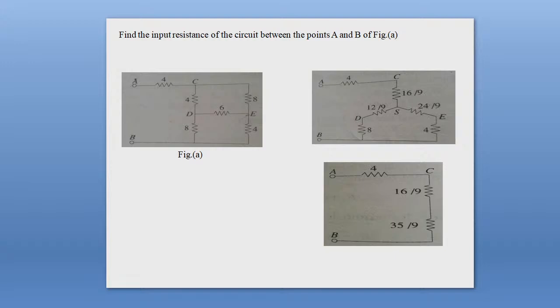That means the portion of the original network in figure A that lies between terminals C, D, E, the section CDE, is a pi network. This pi network is converted into a Y network or T network.